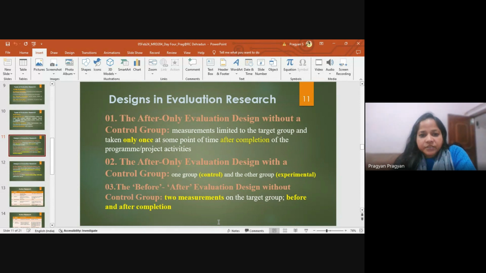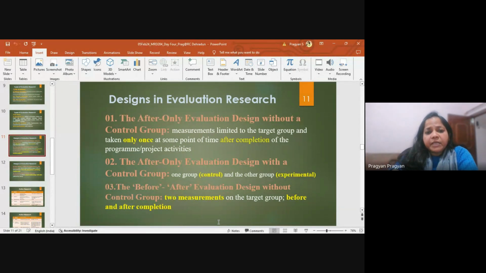This is research design in evaluation research, and it is completely different from that research design which you had already covered in research methods in general. Here, this is part of the evaluation research. That means the whole idea behind this kind of design is not just to give you some sort of solution, neither to give you a descriptive understanding as in descriptive research design.